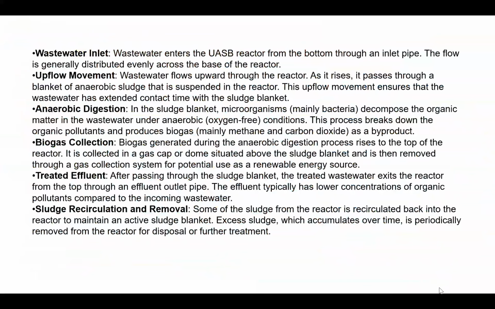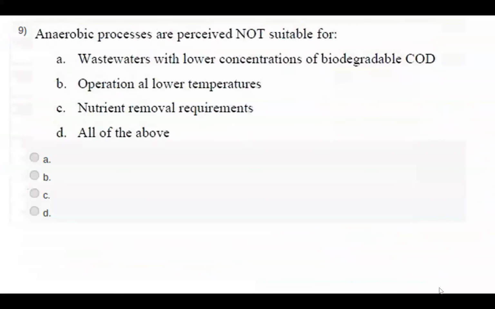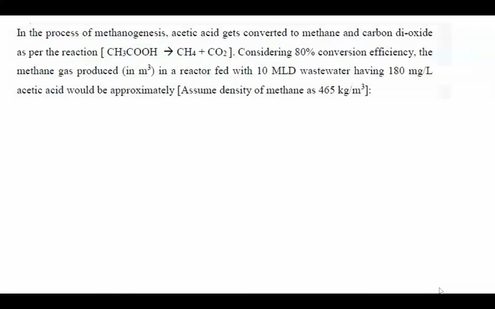Okay, now we'll go for this week's problem. In the process of methanogenesis, acetic acid gets converted into methane and carbon dioxide as per the reaction. Considering 80 percentage conversion efficiency, the methane gas produced in meter cube in a reactor fed with 10 MLD wastewater having 180 milligram per liter acetic acid would be approximately.